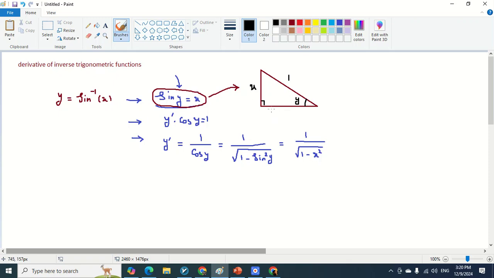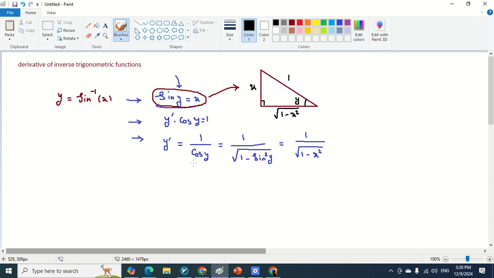Let us calculate this side as well, the adjacent of the y angle. So based on the Pythagorean rule, this one will be root of 1 minus x square. It's very simple to just use the Pythagorean rule to calculate the adjacent, because the hypotenuse square is equal to opposite square plus adjacent square, and the result determines the value of that one.